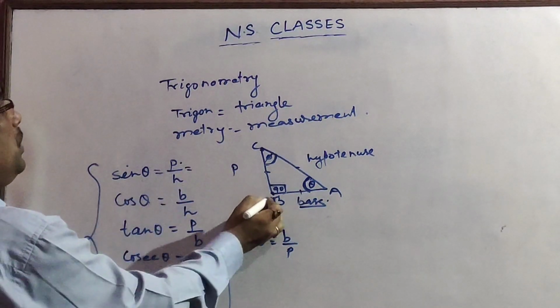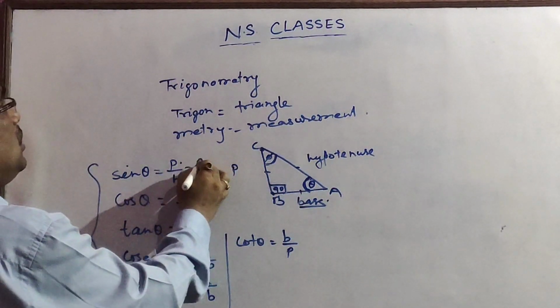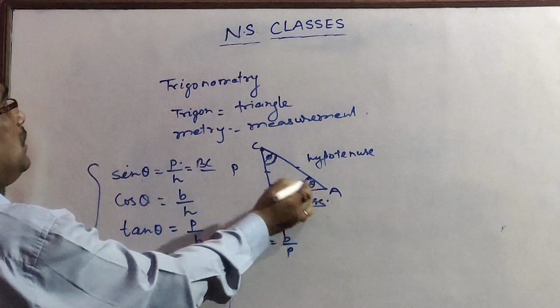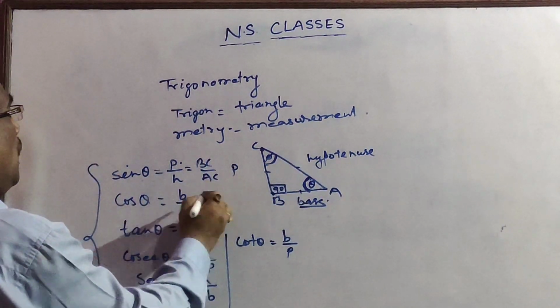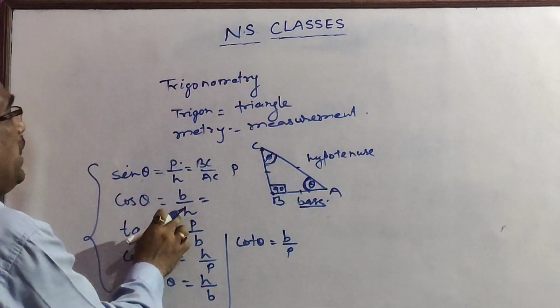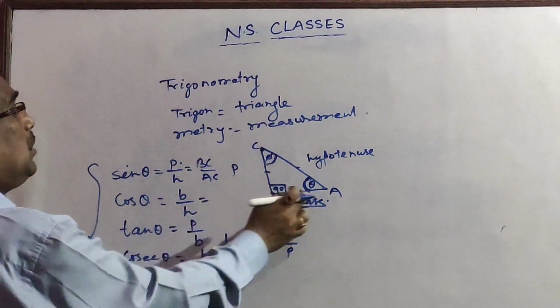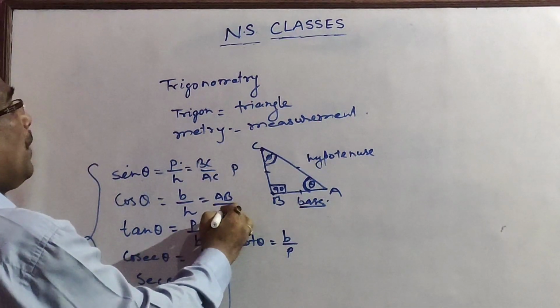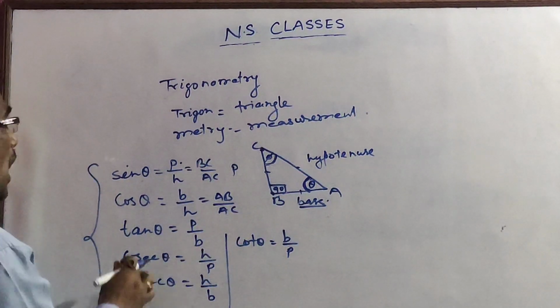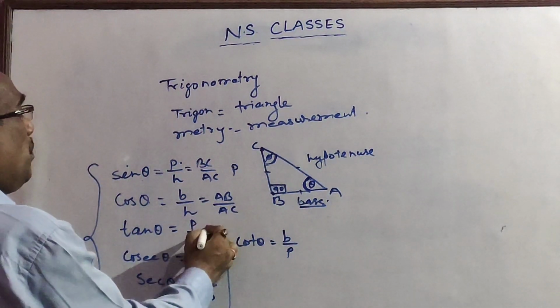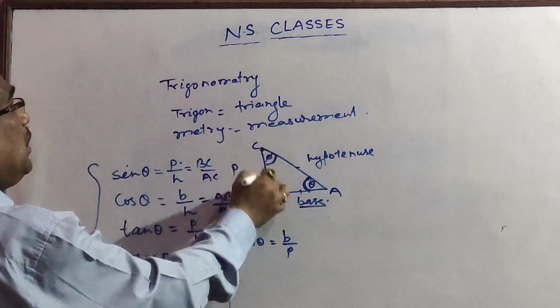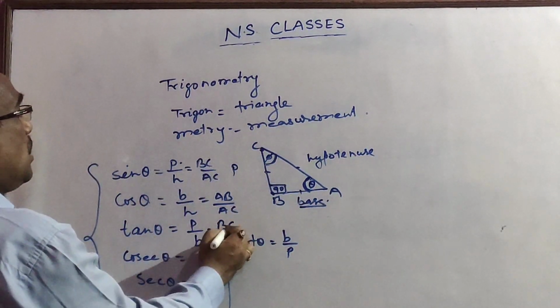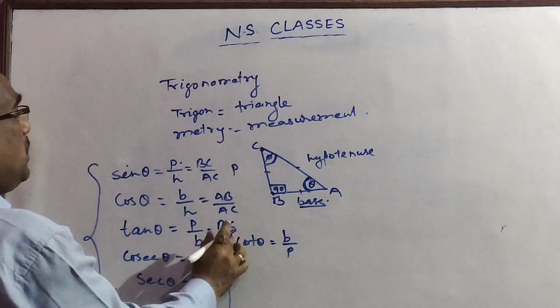Therefore, P is BC and H is AC. Cos theta is B by H, base by hypotenuse, AB by AC. And tan theta is P by B, BC by AB.